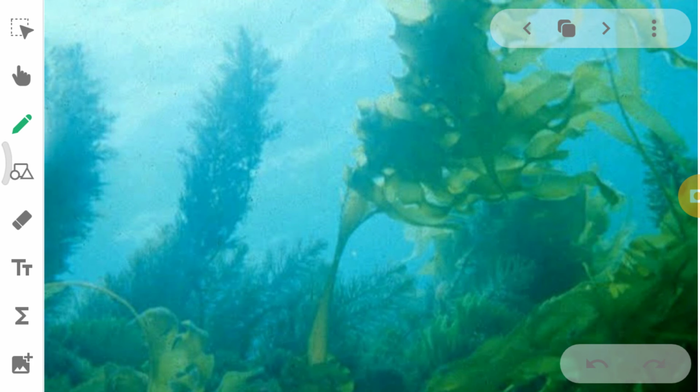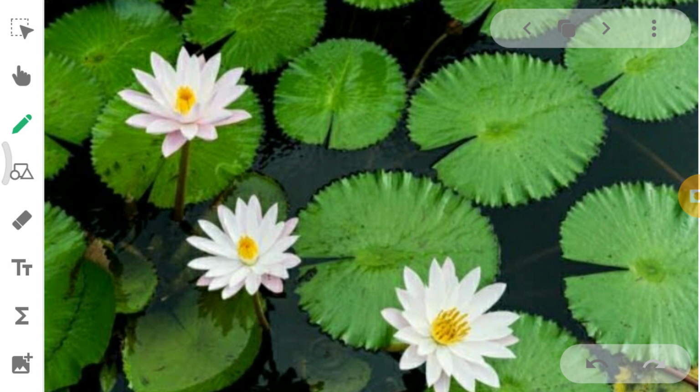The stems of these plants are long, hollow and light. The stems grow up to the surface of the water while the leaves, look here, the leaves and flowers float on the surface of the water.